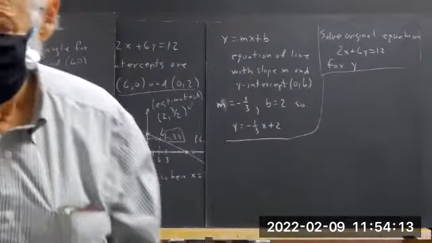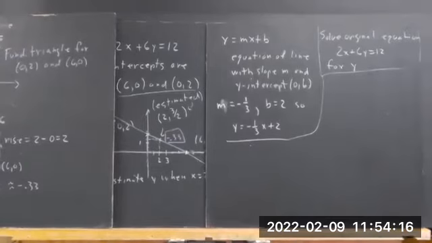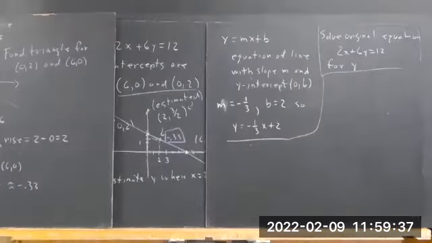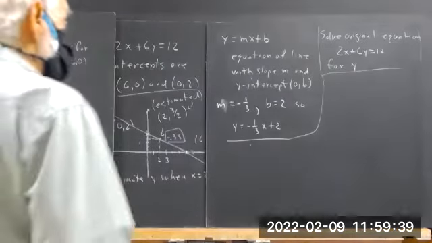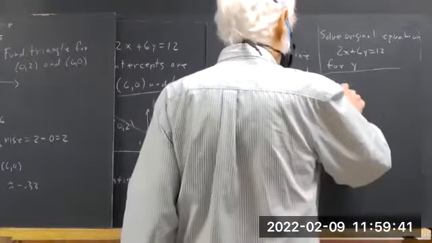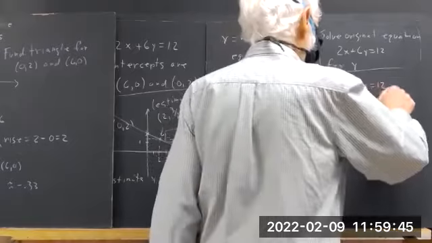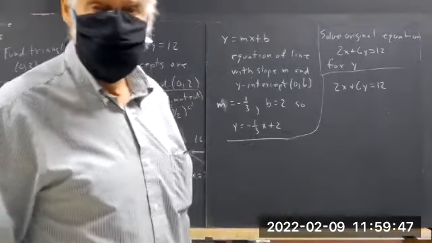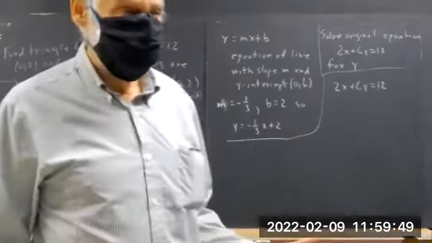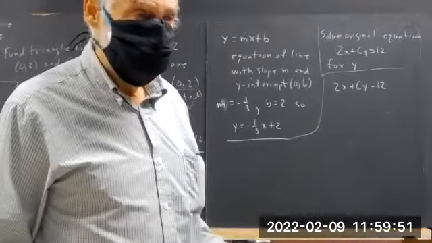What have you got? Okay, so you get 2x plus 6y equals 12. We have rules. Got to do it with the rules, right?